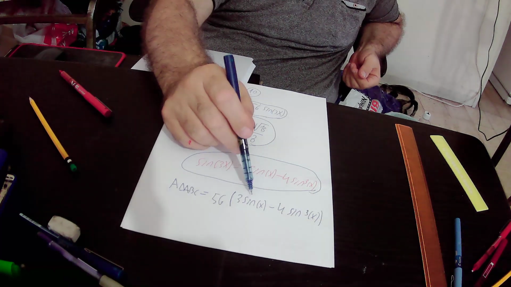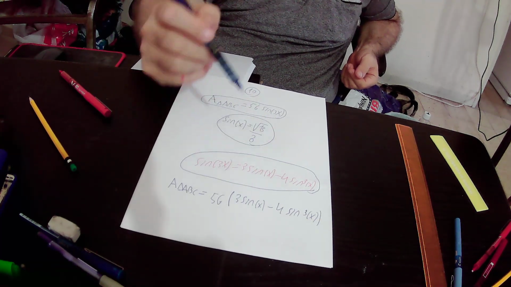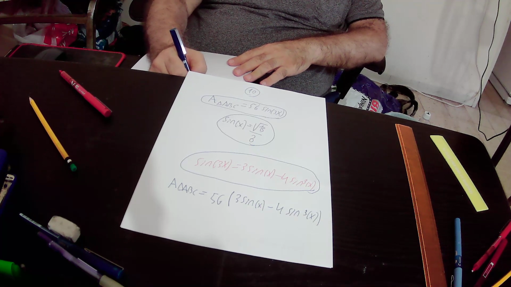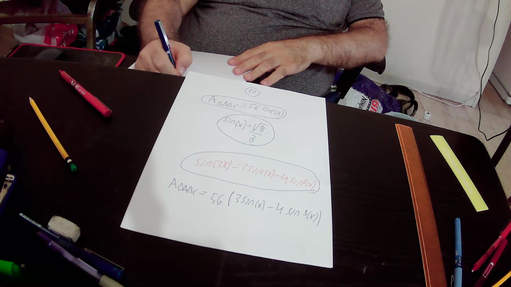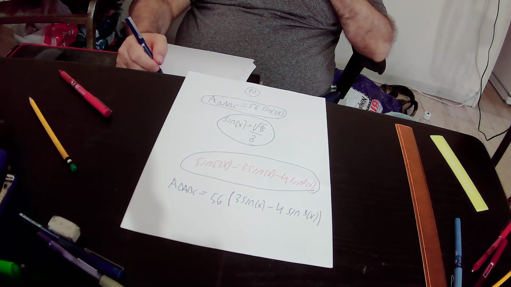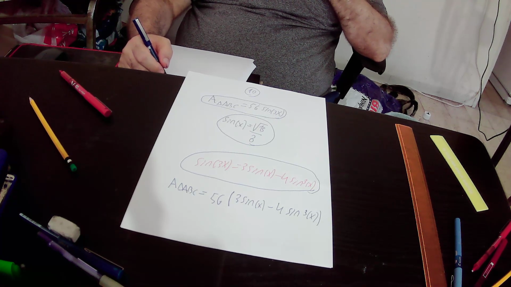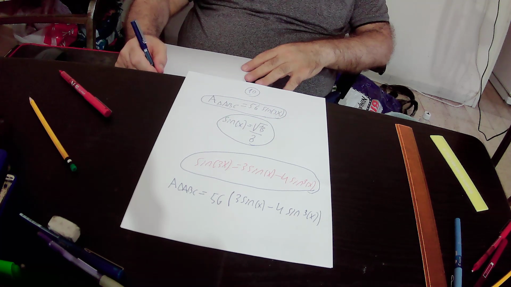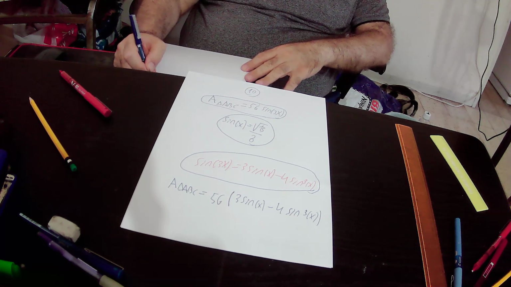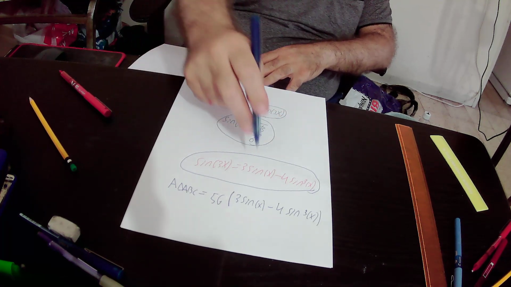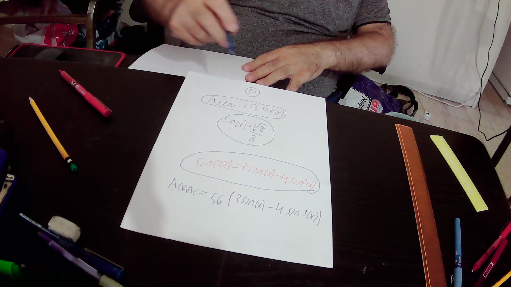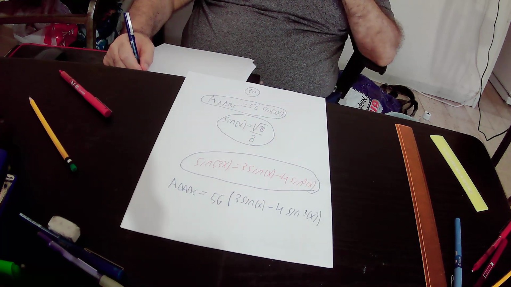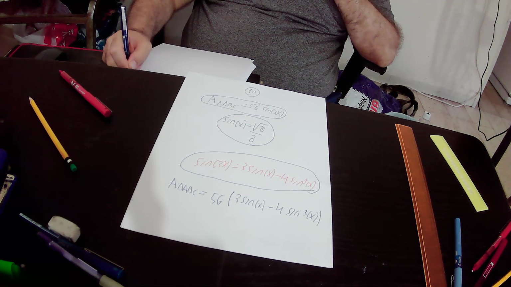After we took out sine x as a common factor, in the brackets what is left is 3 minus 4 sine square x.